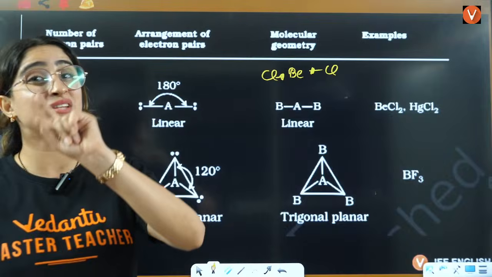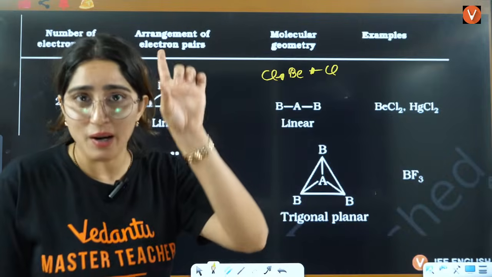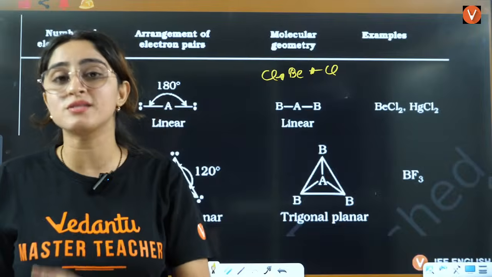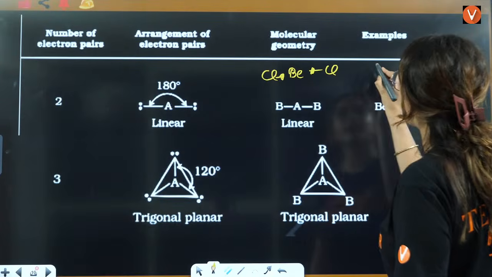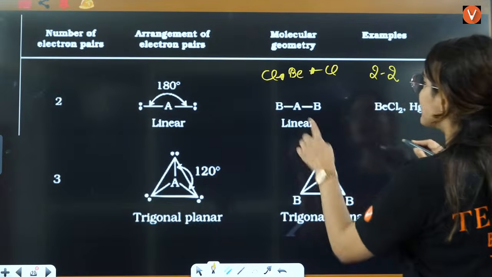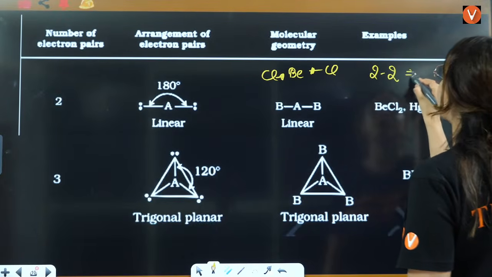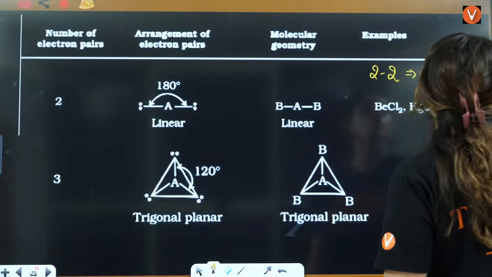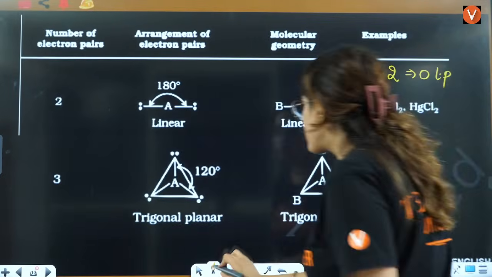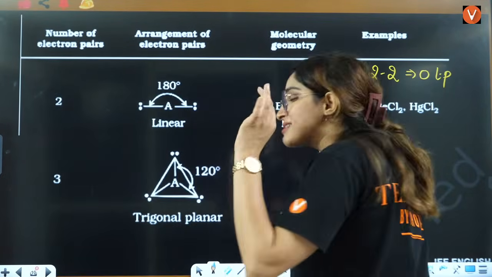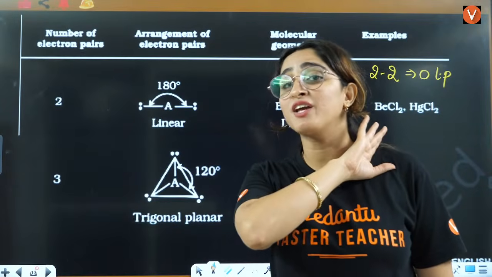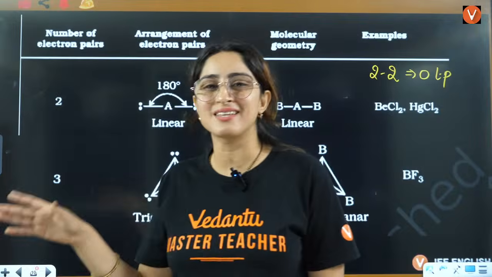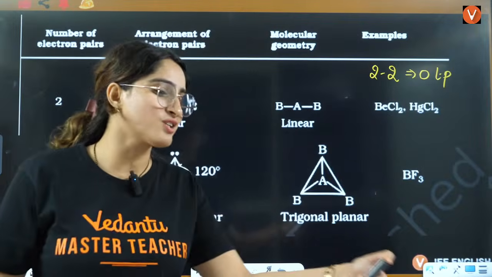Some students are not clear on this basic, so understand that only valence electrons are involved in the bond formation. So you have 2 electrons here and those 2 electrons are involved in the bond formation. That means you have 0 lone pair here, right? No lone pair. Now I will always calculate the lone pair. No doubt these are all the examples where you will not find any lone pair, but in the exam, the examiner will not tell you, hey, there is no lone pair here.